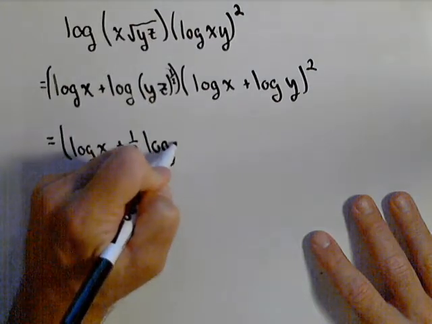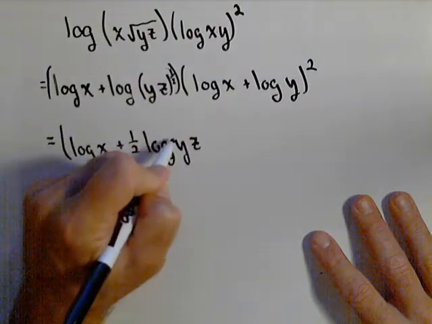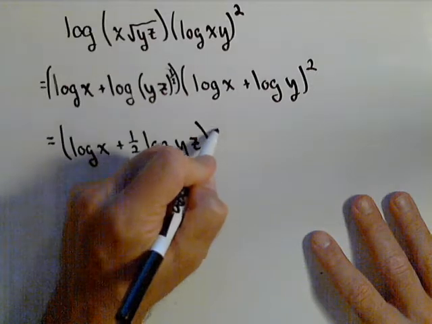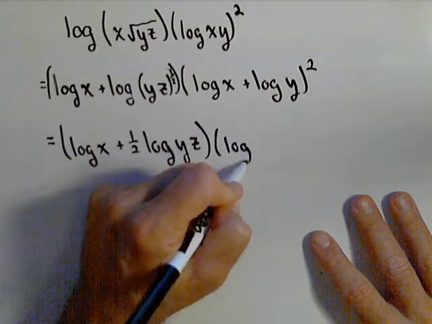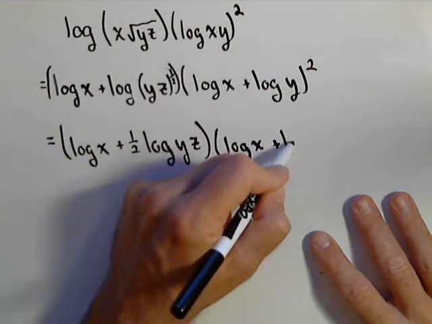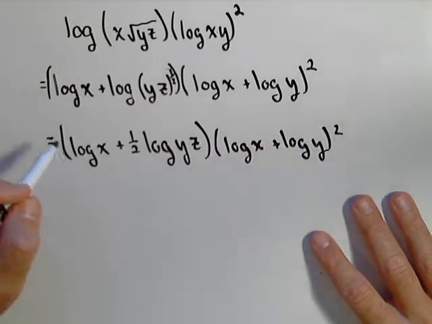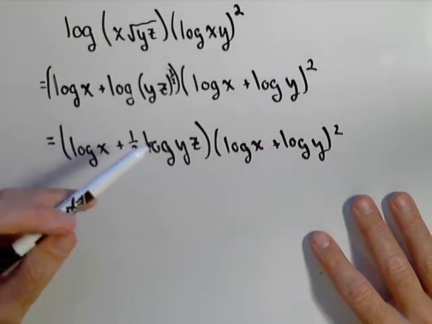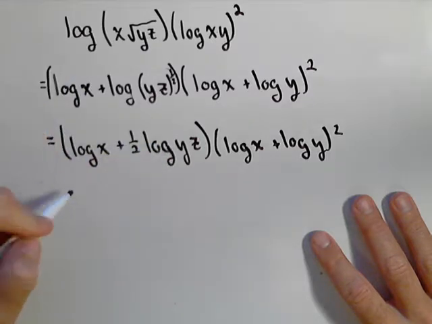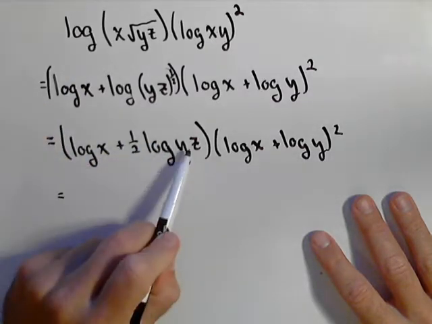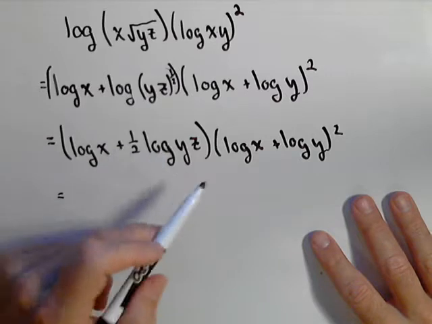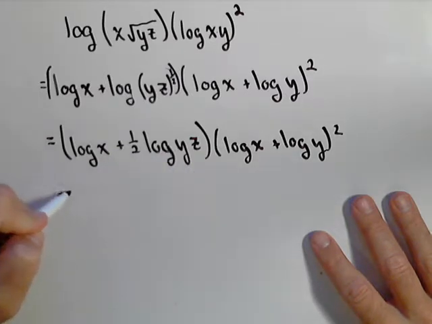Log of yz, which will still need to be expanded, we'll do that in the next step, times log of x plus log of y. We use the same values we had before: log of x was 2, log of y was 3, and log of z was 5. Last step, we need to expand this one because we don't know what log of yz is.